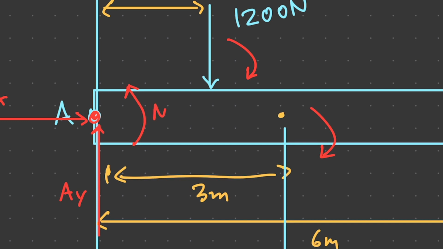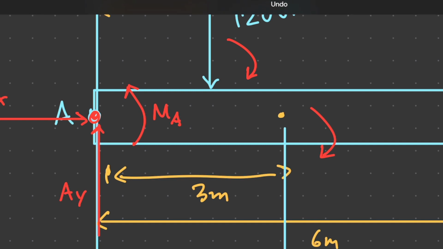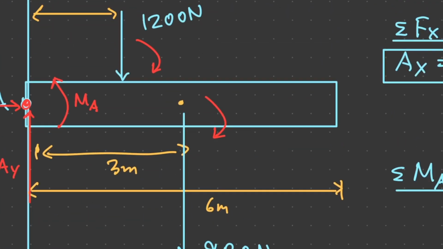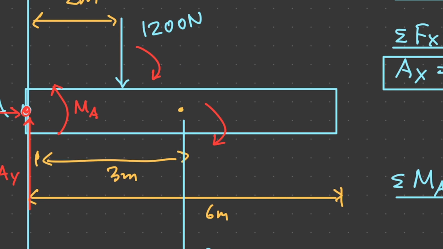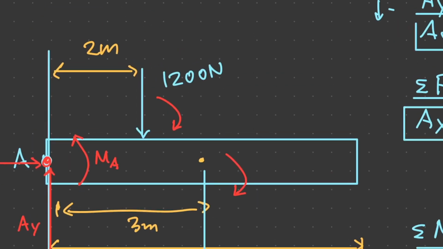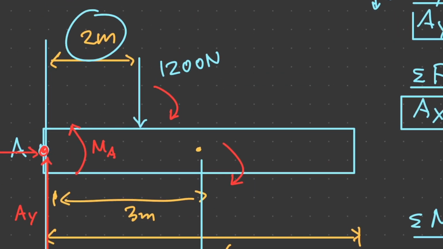So our moment about A, the restorative moment, has to counteract these other two moments. So let's go ahead and calculate this. We'll go ahead and say that we'll do the 1200 Newton force. So 1200 newtons, right? And let's look at the distance it acts away from point A. So the distance it acts away from point A is 2 meters.